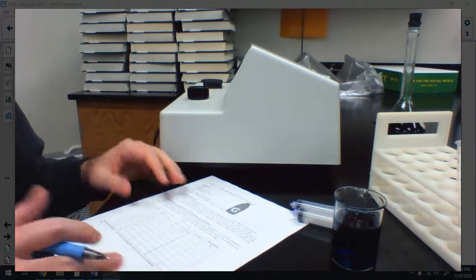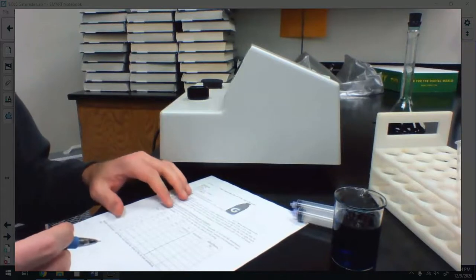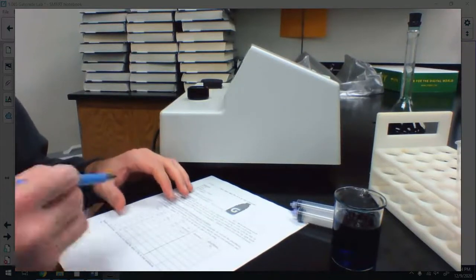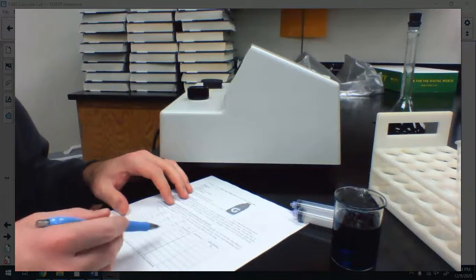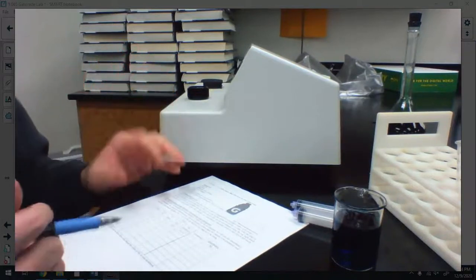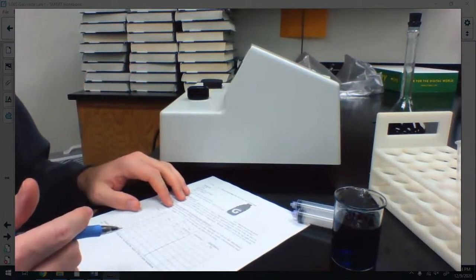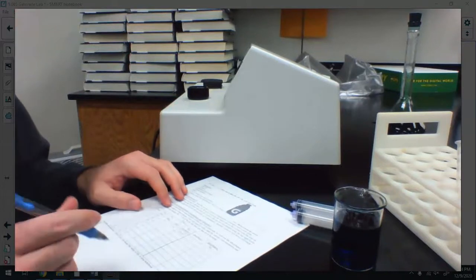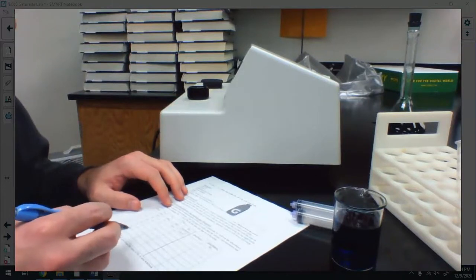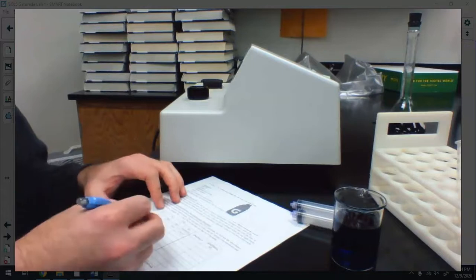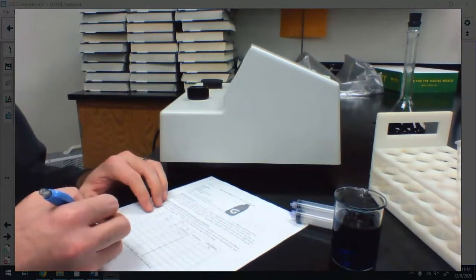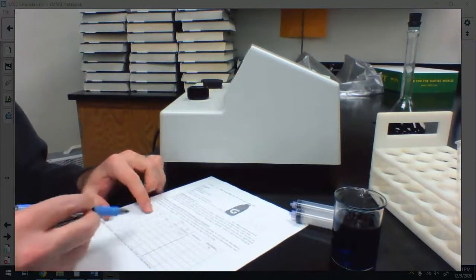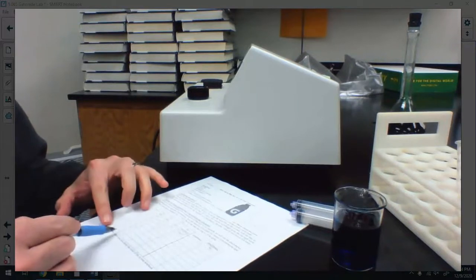And once we know that, then we can solve for our unknown. So what we first have to do is make up these solutions so that we have a nice range of blue dyes, and then we know their absorbance. We have a little bit of math here to fill in. I didn't fill in a lot, but the first column, V1, the stock solution, we're going to make 8 different vials or 8 different test tubes of this solution.